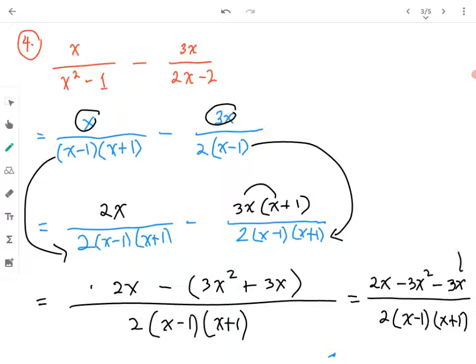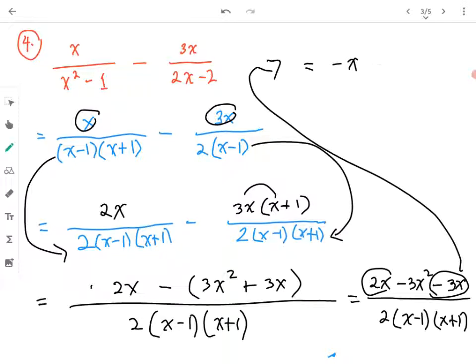So this one, let's bring it here, is equals to, we can combine 2x and negative 3x. That gives us negative x. Then we have 3x squared all over... notice that we can still factor the above by factoring out the negative.